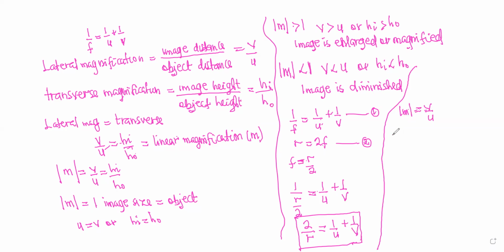So within the equation, we want to make provision for V on U. So I multiply through by V. So V times 1 over F is equal to V times 1 over U plus V times 1 on V. This will be V on F is equal to V on U plus 1.